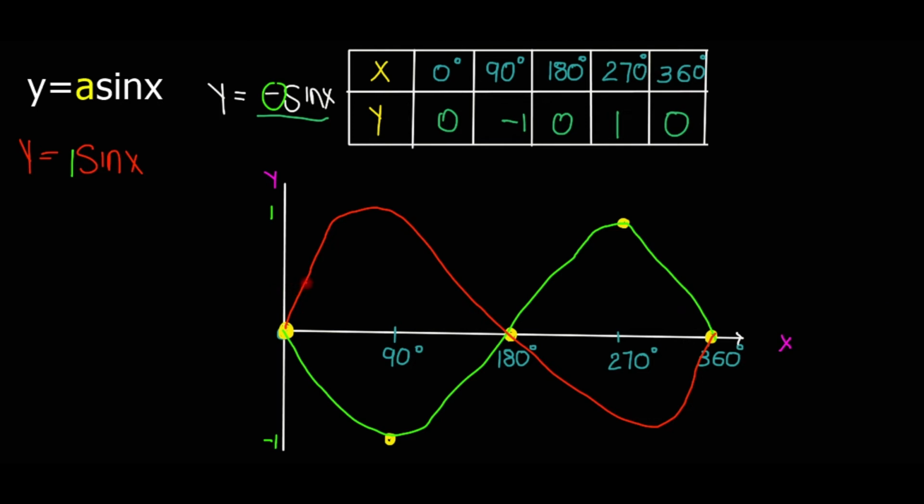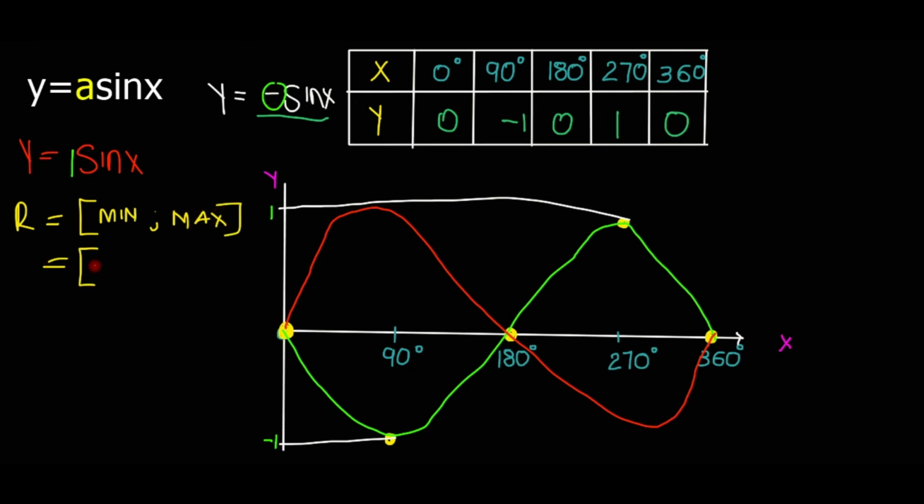And then now let's say they ask us for the maximum of the graph. We can see that the maximum is still the same thing. Maximum is 1 and then minimum is negative 1. So the range will be the same thing, because range is minimum and maximum. So this means our range will be negative 1 to 1. And then what is the amplitude?